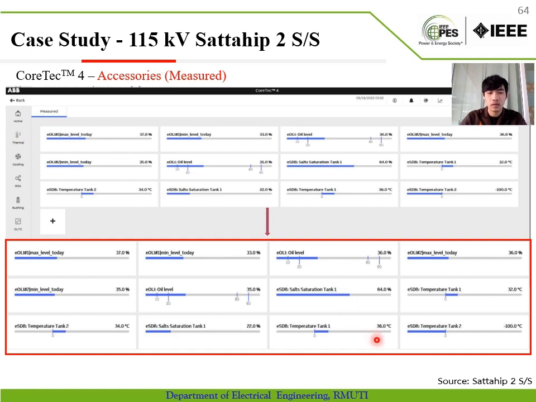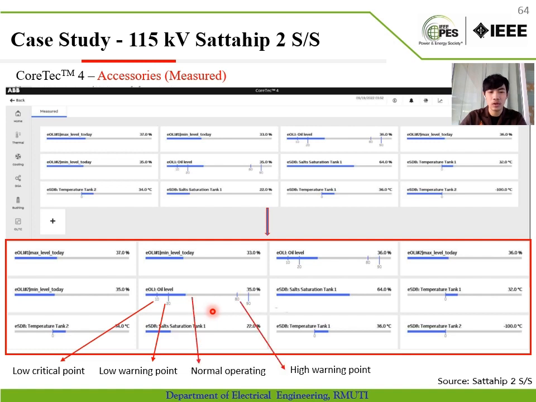With the number of minus 100 degrees Celsius, it may be a wrong number because at Sattahip 2 substation it was implemented with a single breather for 1 tank, but maybe when we configured it for 2 tanks, it will display wrong values. And for this value, the operator configures 5 steps: low critical point, low winding point, normal operating, high winding point, and high critical point. And all the data are in the operating point.